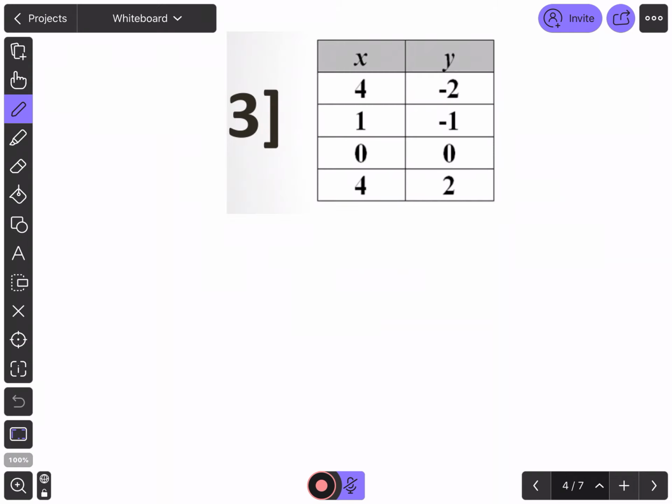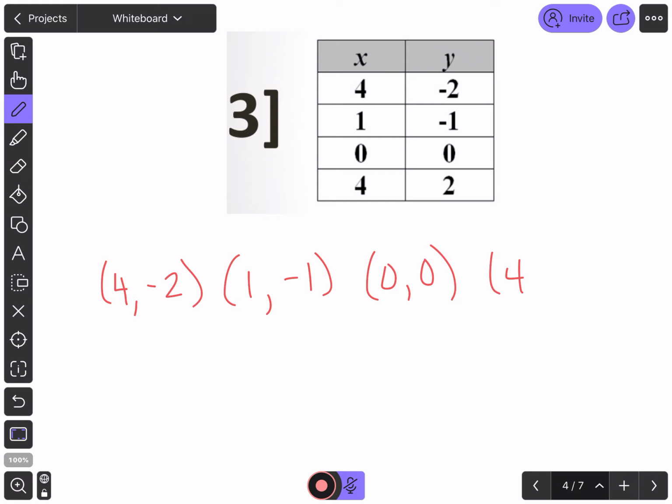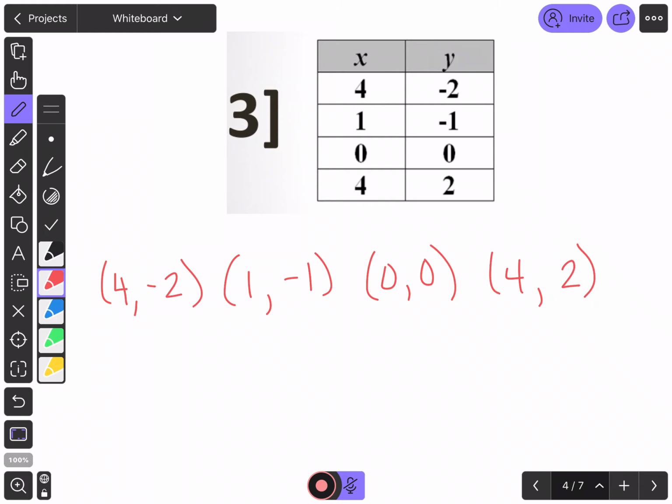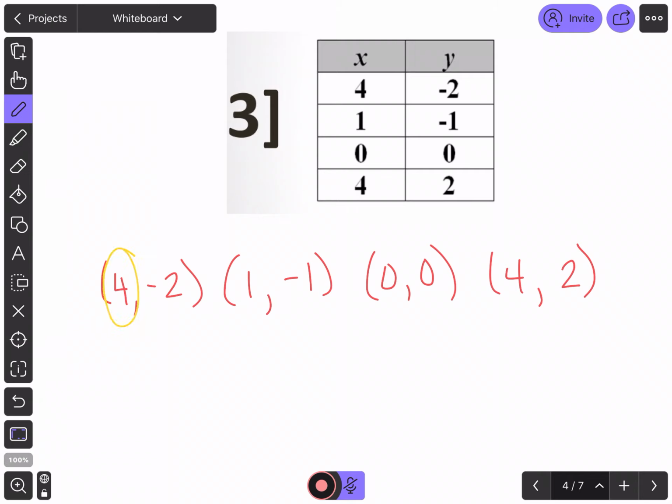Look at this table. We can take this table and turn it into ordered pairs. We have 4, -2, 1, -1, 0, 0, and 4, +2. Again, we pay attention to the x values. Ask yourself, do any of the x values repeat?